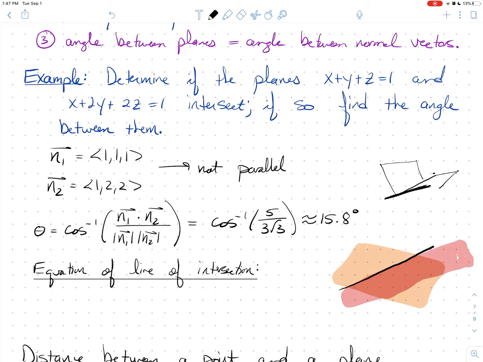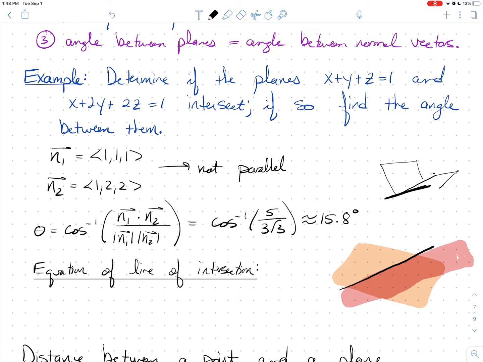So what I want you to realize is that the line of intersection lies on both planes. And so the normal vector for this plane is orthogonal to it, as is the normal vector for that plane. Said a different way, this line is orthogonal to both normal vectors. And somehow that gives you a clue on how to work that out.